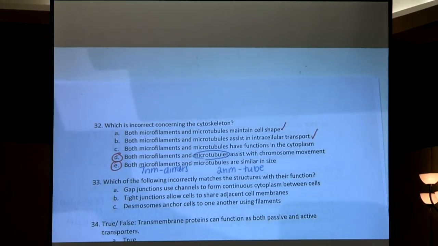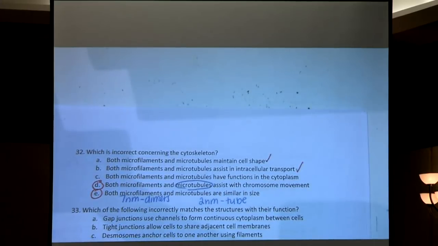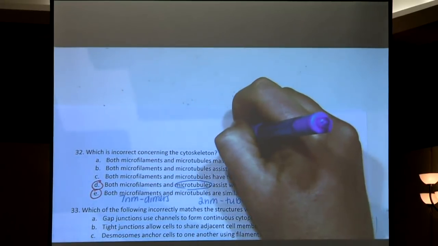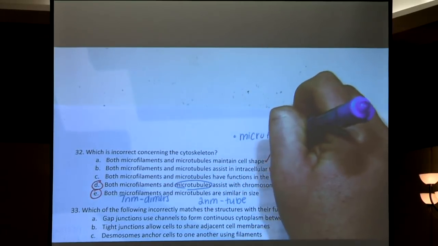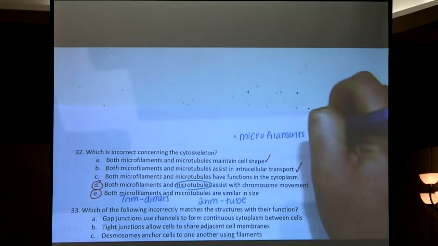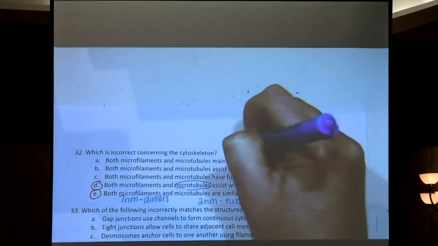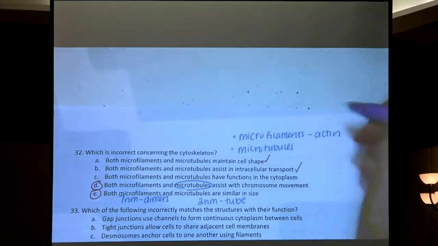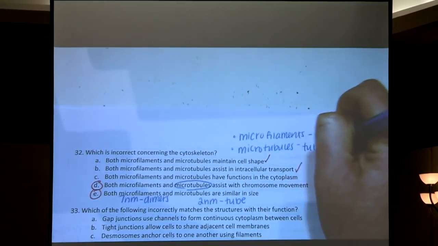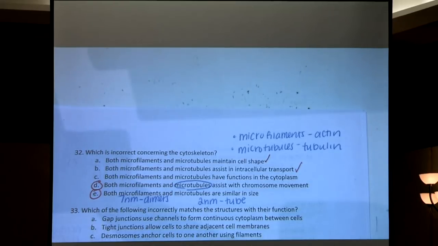So there's also some other things that she could ask in this case about the cytoskeleton. It might be good to also note that our microfilaments, all right, these are made of actin, and our microtubules, these are made of tubulin. All right. There is a third type of cytoskeleton.